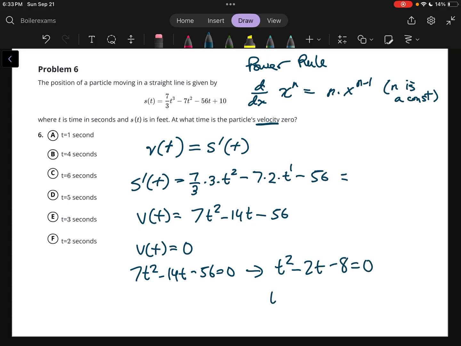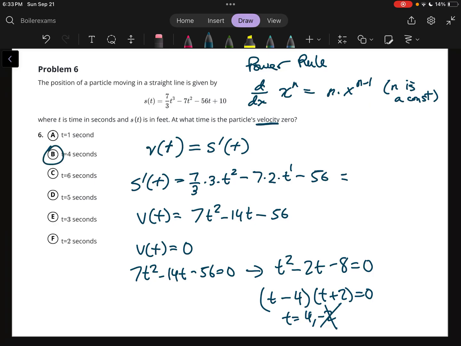This is pretty simple to factor, so we get t minus 4 times t plus 2 equals 0. That means t equals 4 or negative 2. Negative 2 isn't an option because negative time doesn't exist. Our starting time is t equals 0, so it's also not an option. So our answer to problem 6 is B.